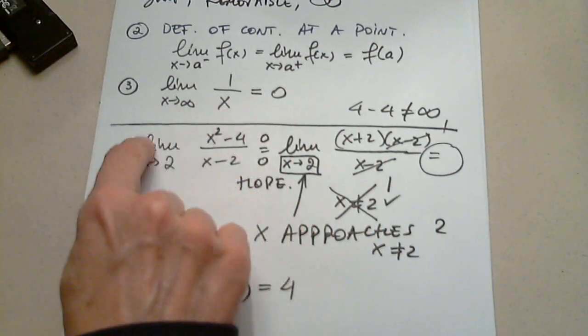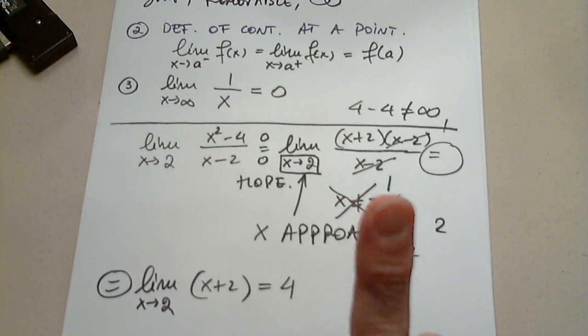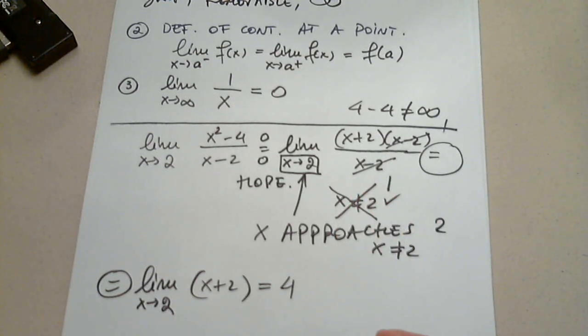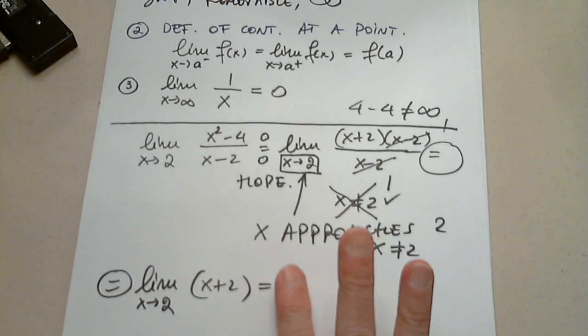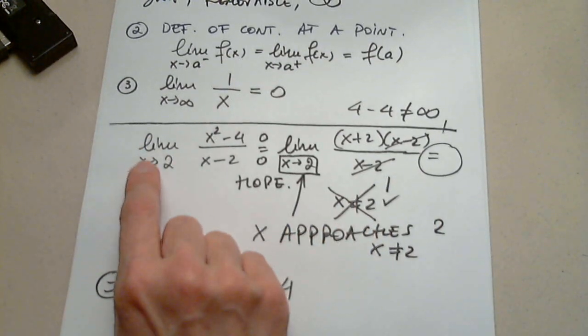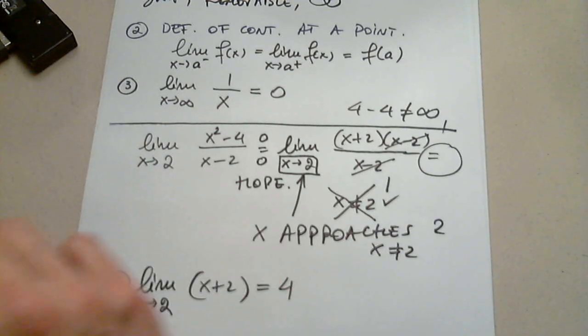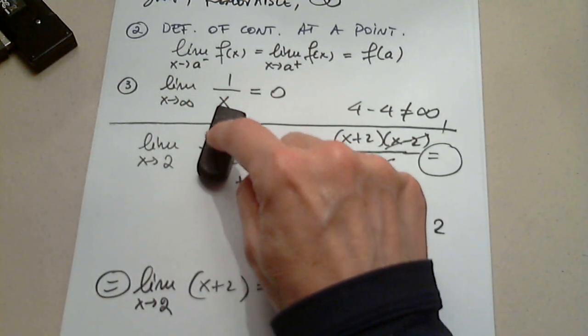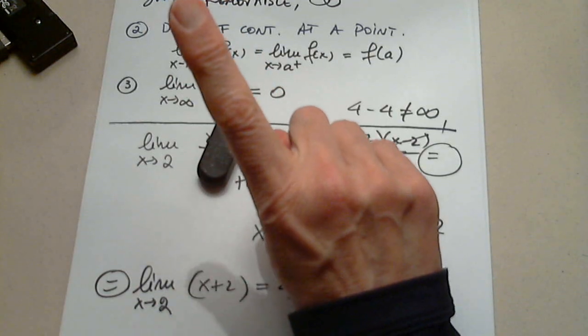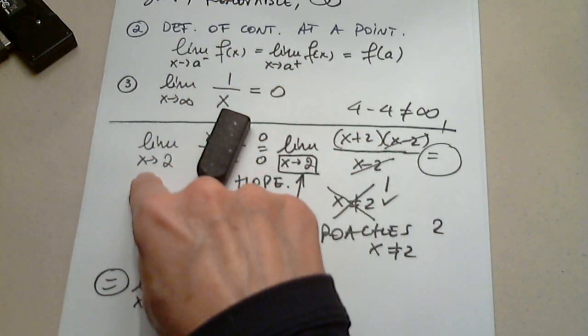So the limit of this function exists because it's one single number and I can name it. If I say to you it's a number but I cannot name it, then I'll say forget it. There is no limit. I have to be able to name it, and we did name it. Again, what does this mean? It means that when x approaches 2, the function values are not equal to 4. This is not what the limit is saying.